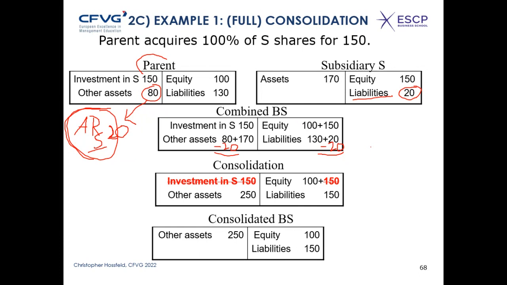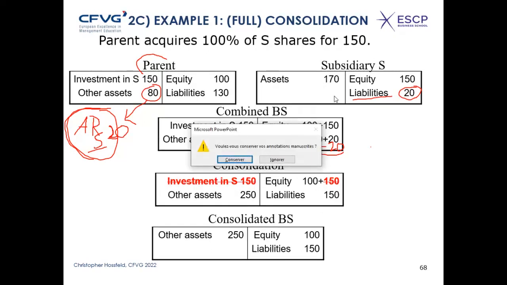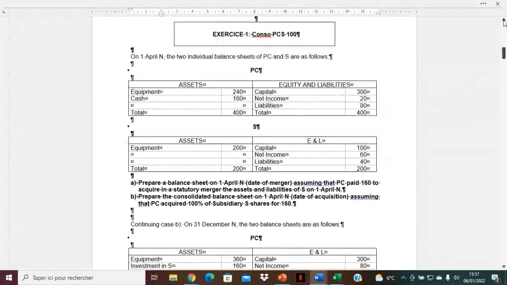Questions so far on this first consolidation example? Okay, so if that's not the case, then what we will do next is the first case, Exercise number 1, but since time has run out, we'll start this tomorrow.